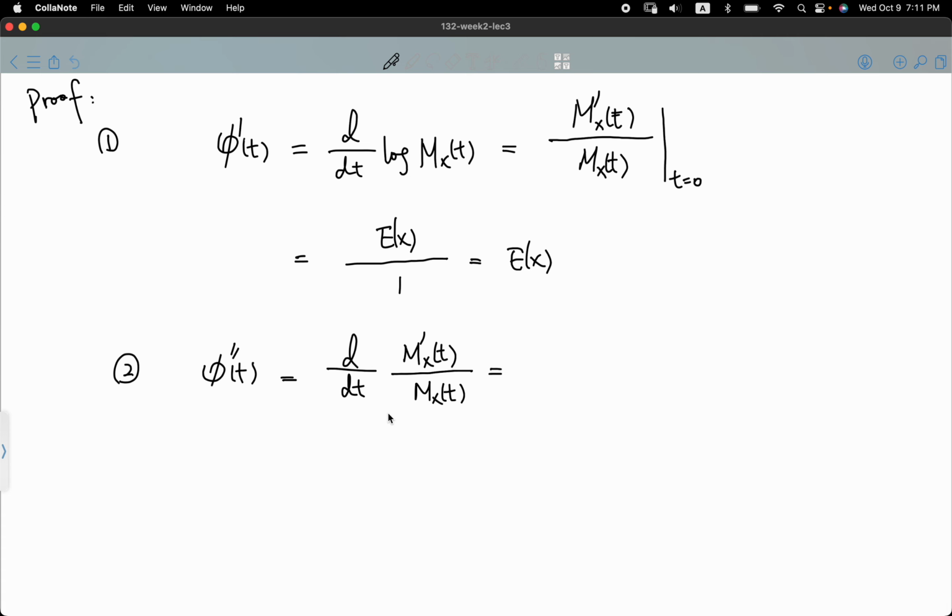Now we are going to use the quotient rule. For the quotient rule, the order matters. For the denominator, you just have the square of the denominator. But for the numerator, the order matters here.